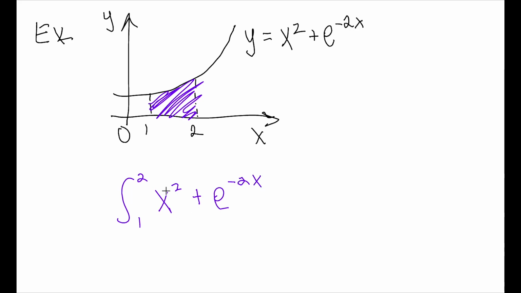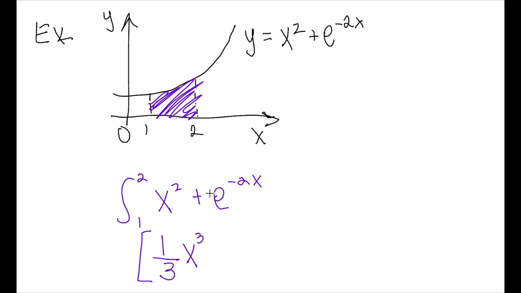So to integrate an x, remember that we add 1 to the exponent and then divide. So this, the integral of x squared, is 1/3 x cubed.